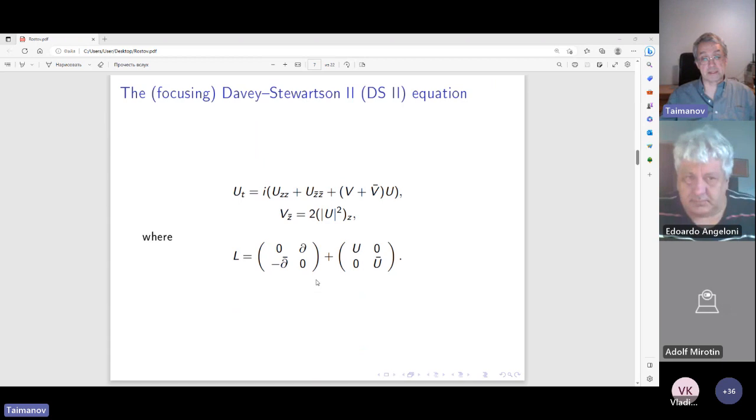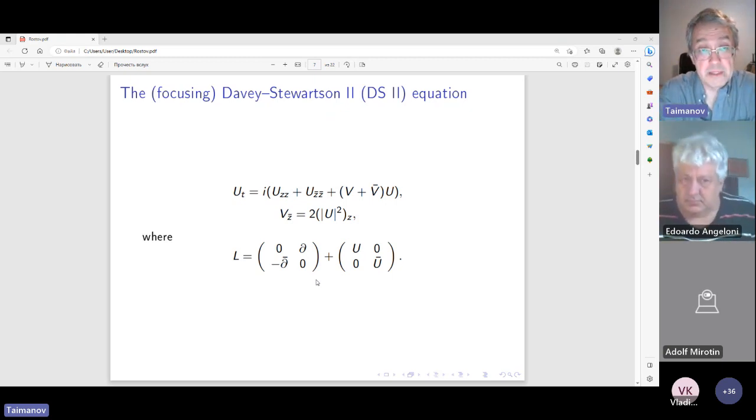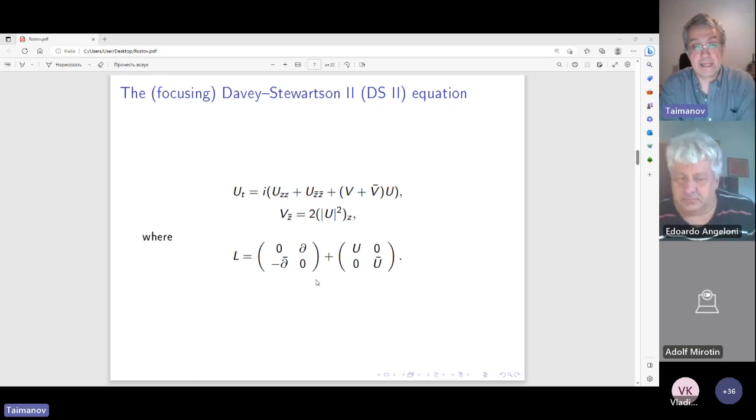Now it appears that if we drop this condition that U is real valued, we can represent in this L-A-B triple form the Davey-Stewartson equation, which was introduced before, in the early 70s, in articles on hydrodynamics by Davey-Stewartson, in the physical articles.